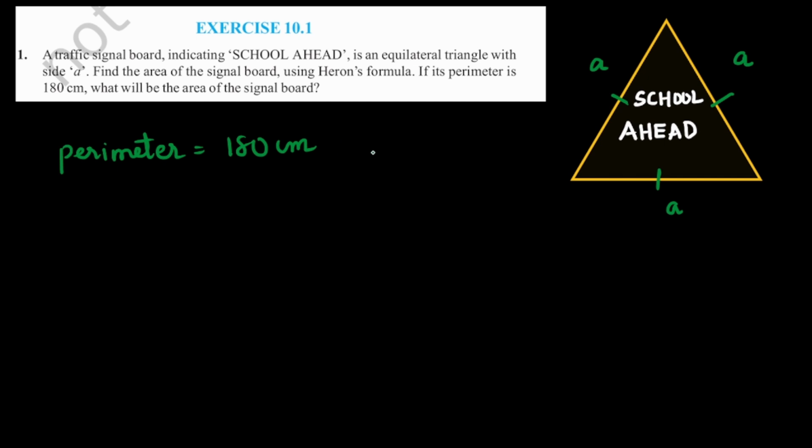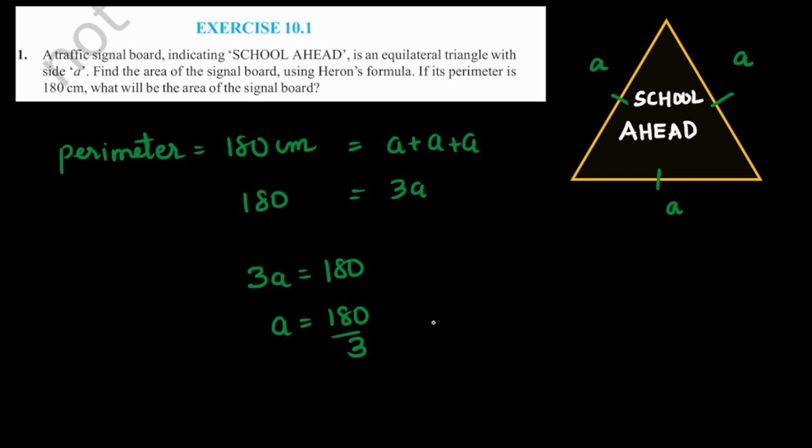So the perimeter of an equilateral triangle is A plus A plus A, which is 3A. So 180 equals 3A, so A equals 180 divided by 3. You will get the answer as 60 centimeter. So all sides of the triangle are 60 centimeter.